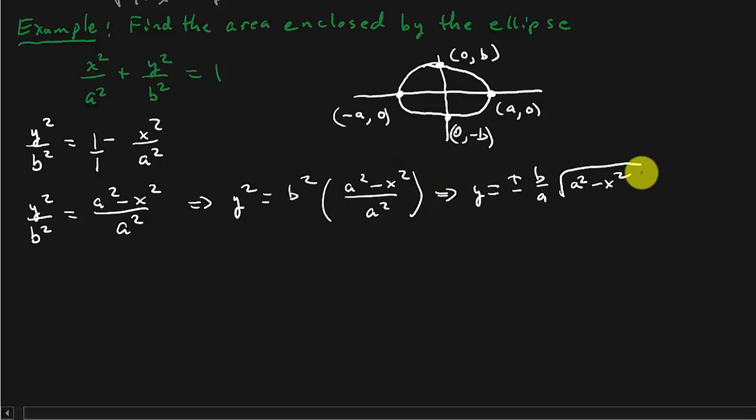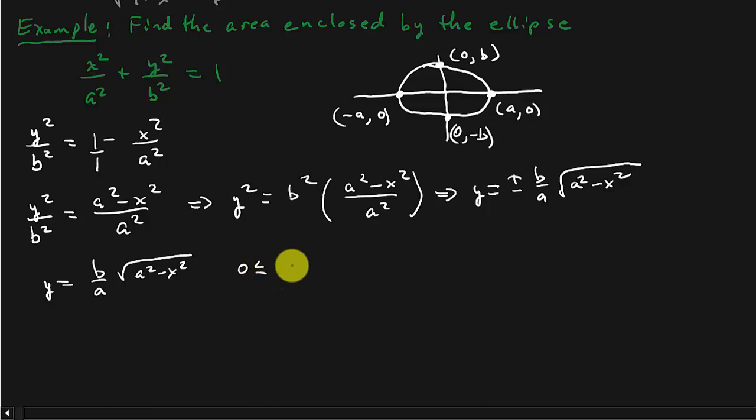And this is also the function I'm going to use for my integral. So I'm going to use y equals b over a times the square root of a squared minus x squared, and also x is between 0 and a.